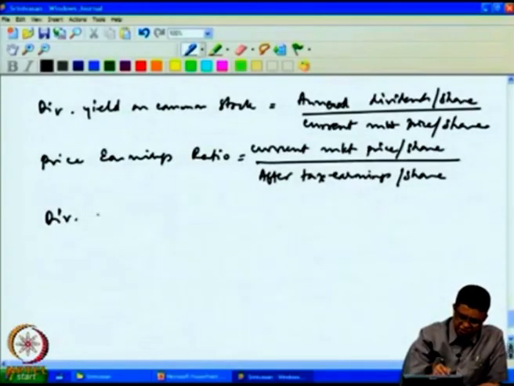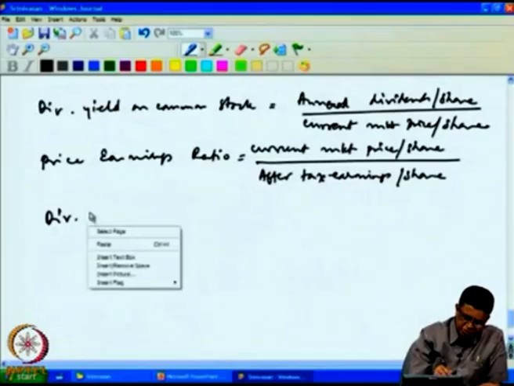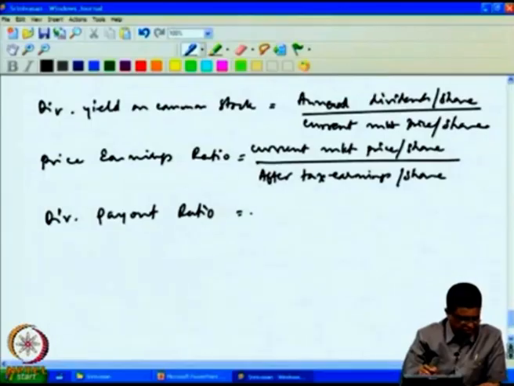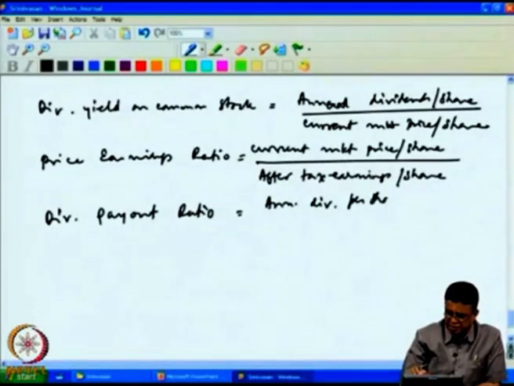Then the other one which we are interested in is what is called the dividend payout ratio. This is calculated as annual dividends per share divided by after tax EPS, that is earnings per share.